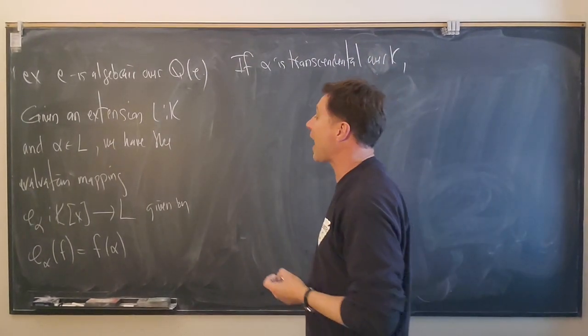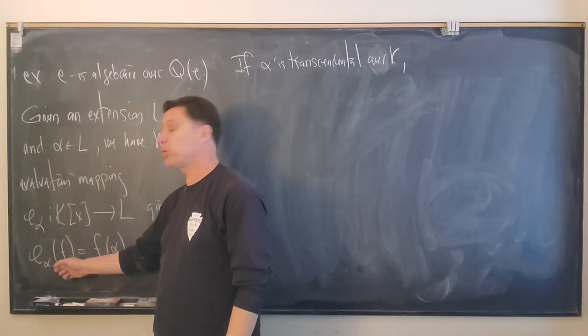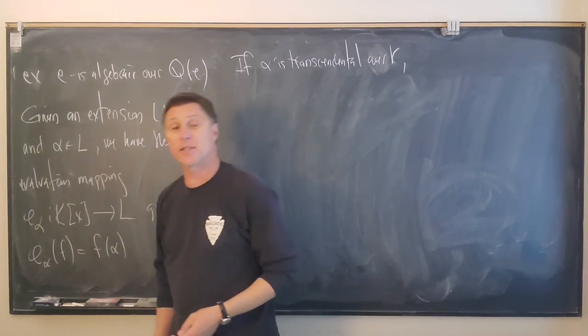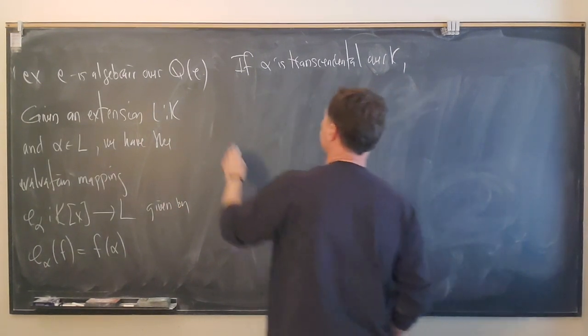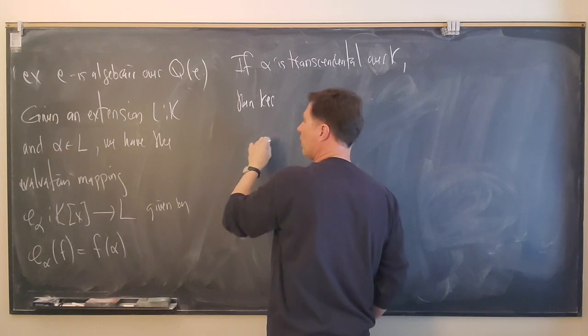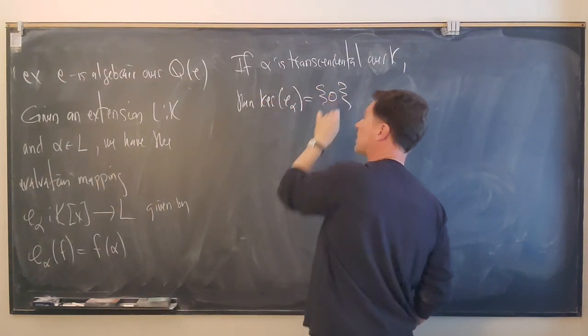It means that alpha is not the root of any polynomial. So no matter what you plug in here, if you plug in a non-zero polynomial, you will not get 0. So what that tells us is that the kernel is trivial. So the kernel of E sub alpha consists of just the 0 polynomial.